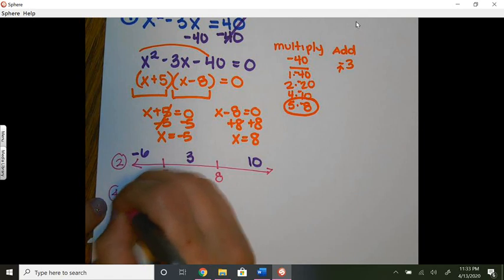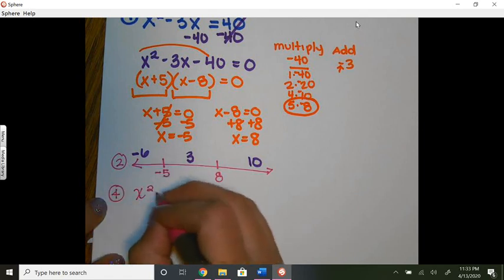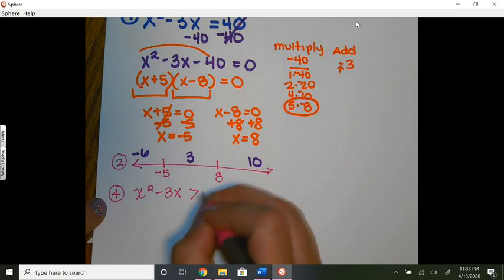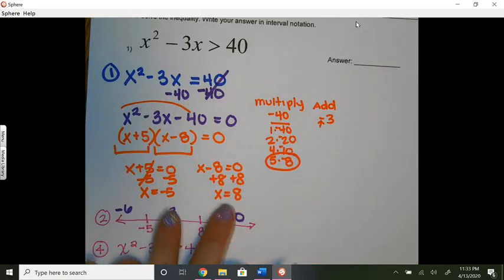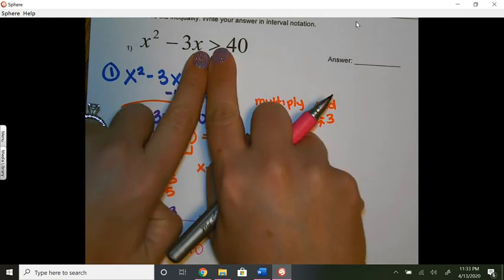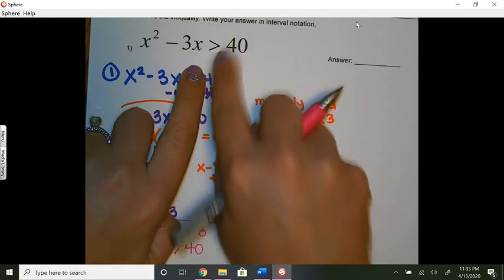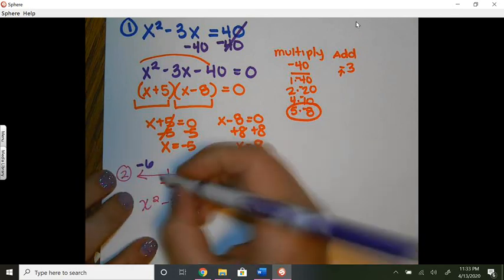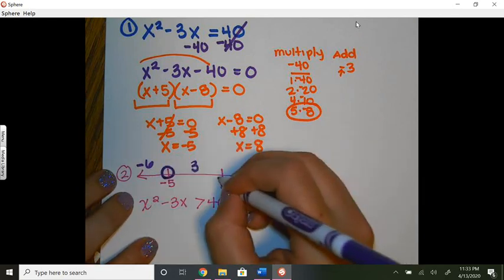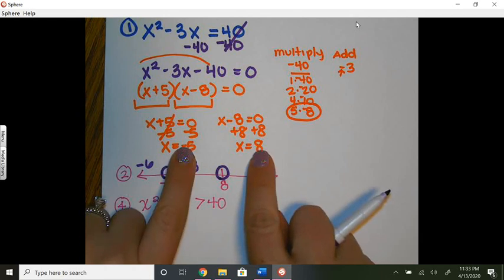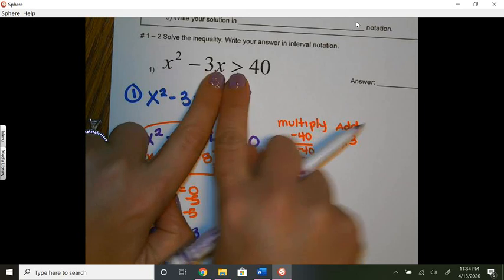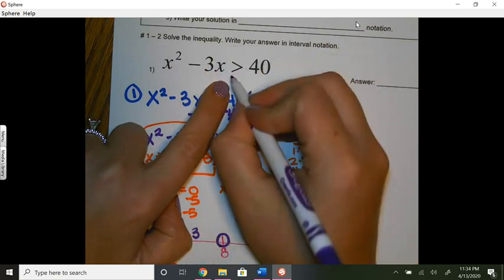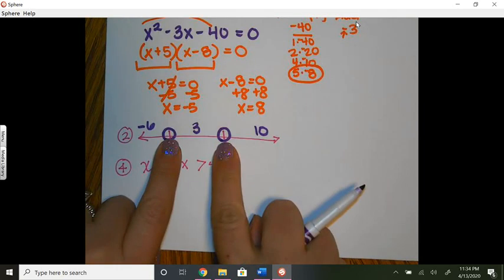So step number 4 is we're going to go back to the original problem that we were given, not the equation. These two numbers right here make it equal 40. We don't want it to equal 40. That is why we are going to put open circles on the negative 5 and 8. Because again, when you plug these two numbers in here, they make it equal 40, and it doesn't have the line underneath. So that's why we're putting the open circle.